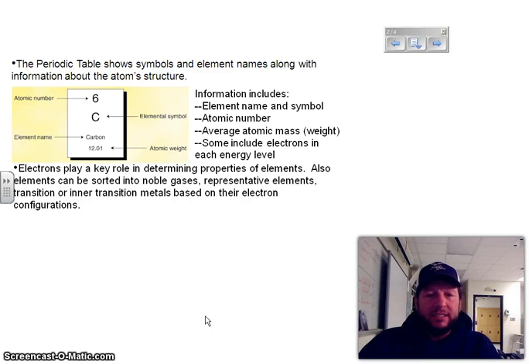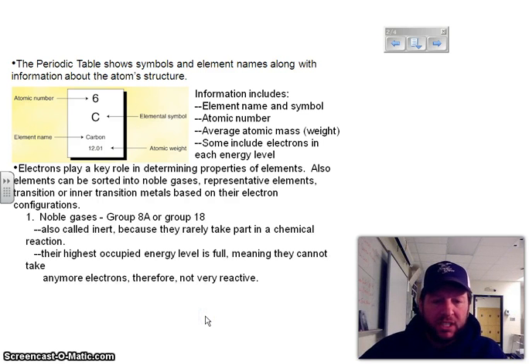Now, electrons play a key role in determining the properties of an element. Also, elements can be sorted into noble gases, representative elements, transition or inner transition metals based on their electron configurations. Let's first take a look at the noble gases. This main group is group 8A or group 18 on your periodic table.